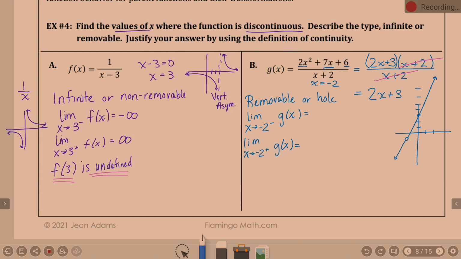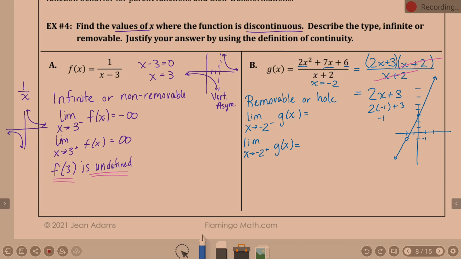In other words, what are we approaching? We're approaching this hole. This hole is at -2, and what y value? Two times -2 plus 3, which is -1, yes?